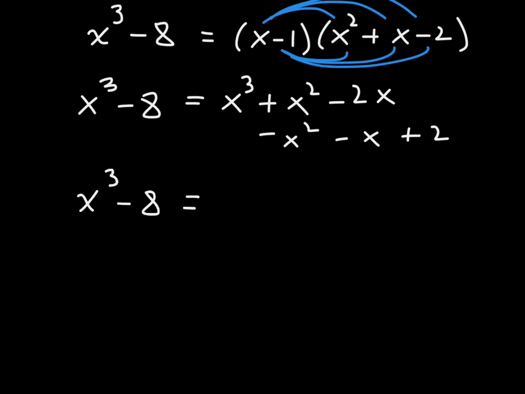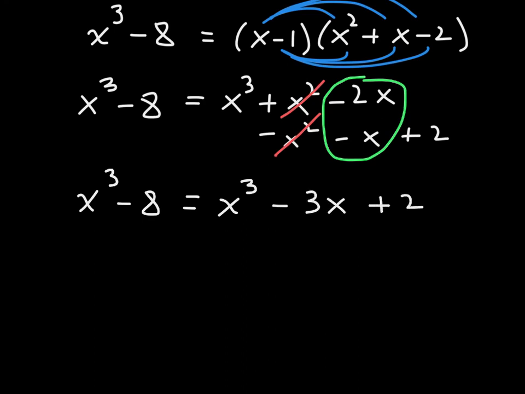So then, moving this up for us here, that leaves us with x cubed minus 8 is equal to. Now on the right-hand side, I am noticing that these terms are opposite, so they cancel, while these two combine to negative 3x. So on the right-hand side, you have x cubed minus 3x plus 2. Now, notice that x cubed terms cancel, and you're left with a linear equation. So I am going to subtract 2 from both sides to isolate my variable.